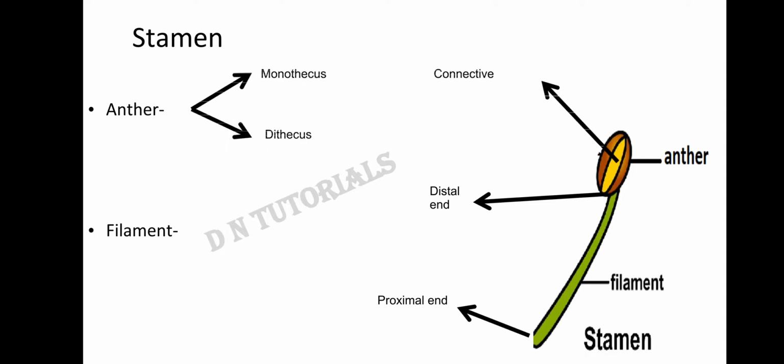And these two lobes are connected with the help of a sterile tissue which is called the connective. It is called sterile tissue because it does not play a role in reproduction. Most of the flowers are dithecous, right? Only the members of the Malvaceae family consist of monothecous anther.